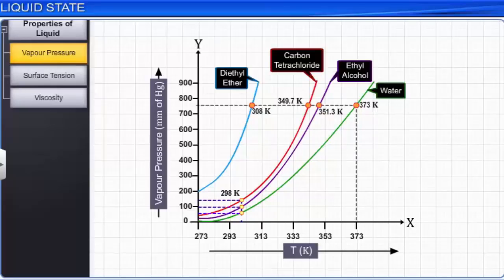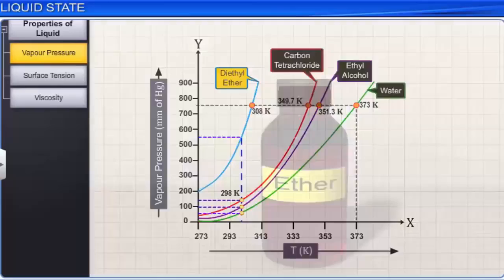These liquids with low vapor pressure have a high boiling point and do not readily evaporate at room temperature. At room temperature, as diethyl ether has high vapor pressure, it has a very low boiling point. Therefore, it evaporates readily at room temperature.